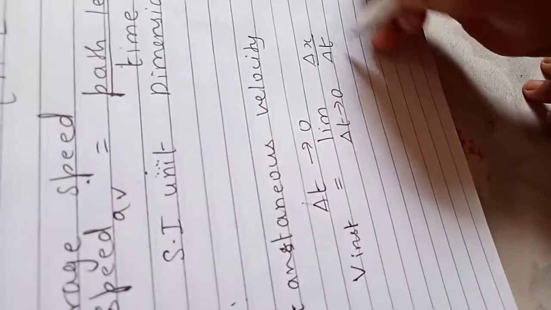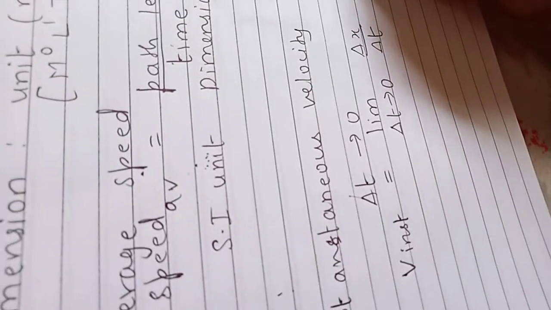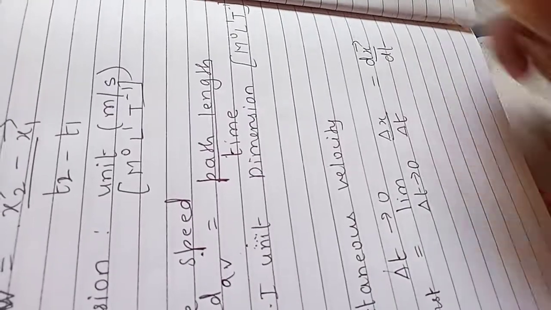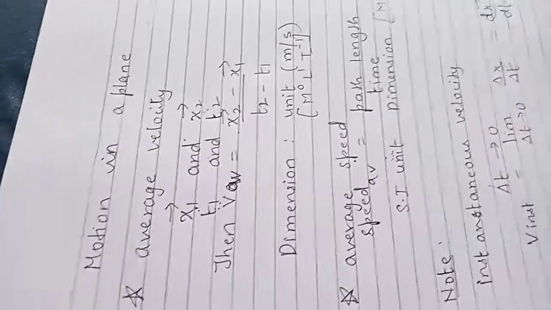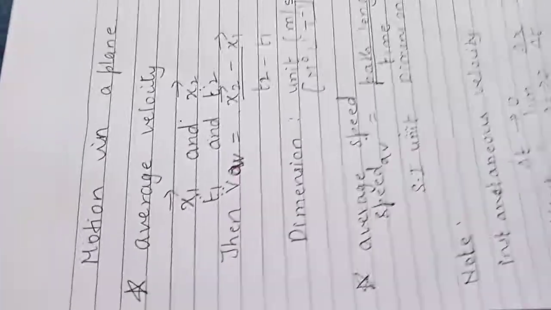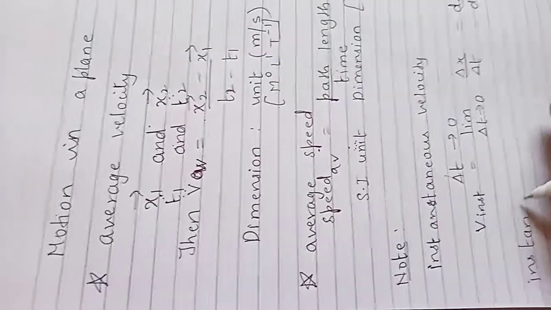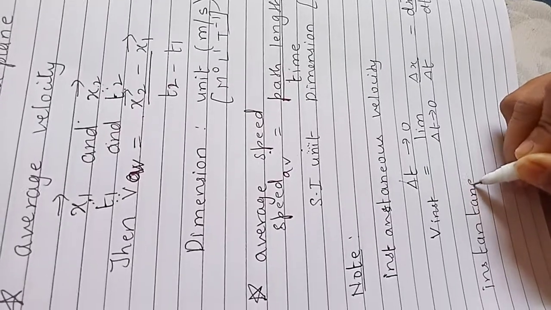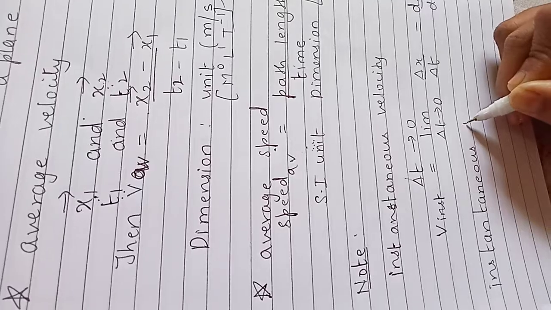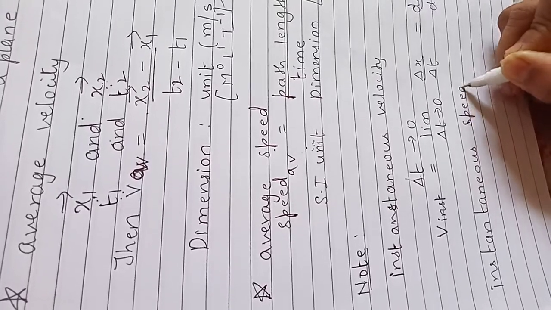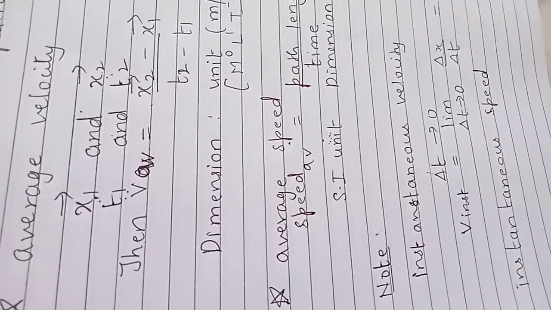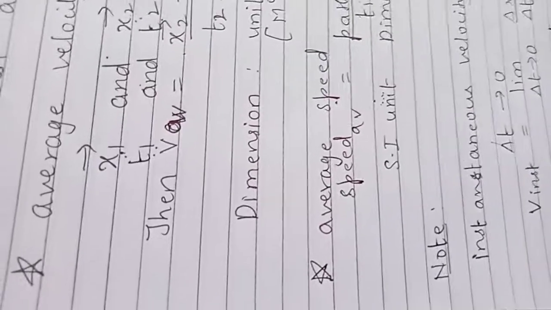Students, this entire term is written as dx by dt. Are you okay? This is called the instantaneous speed. Then we have instantaneous velocity. Instantaneous speed is similar to instantaneous velocity.